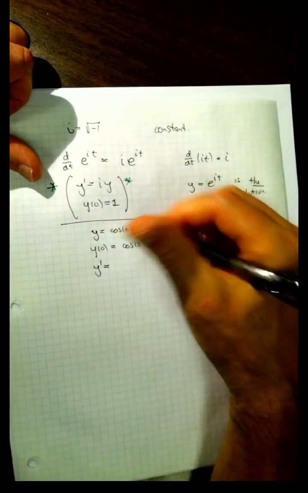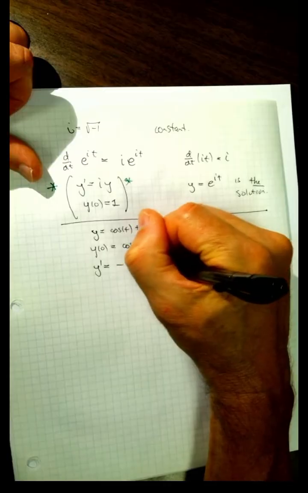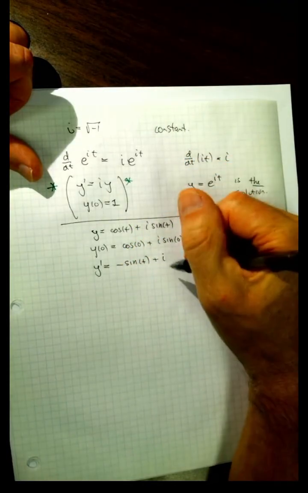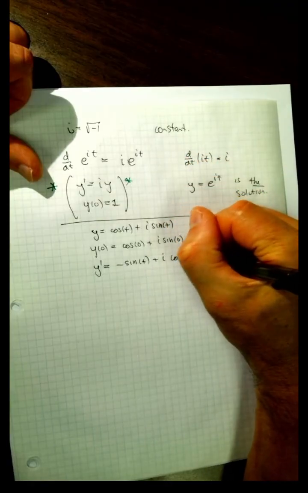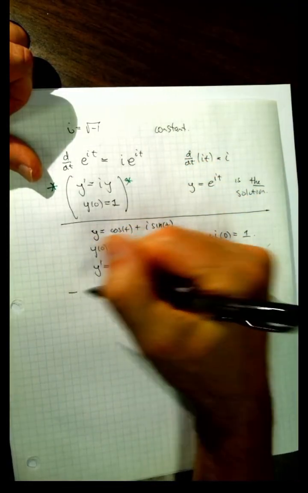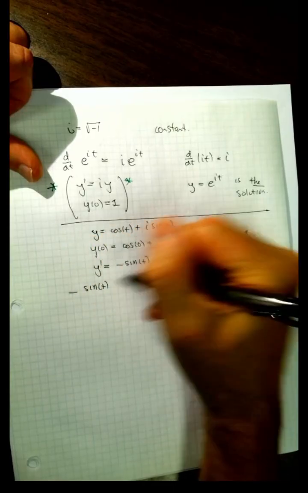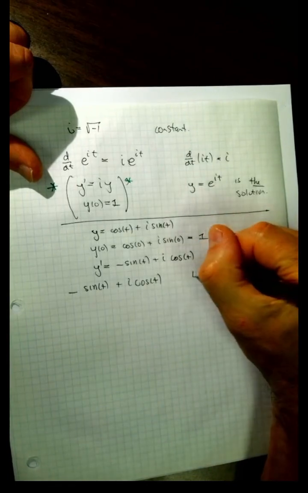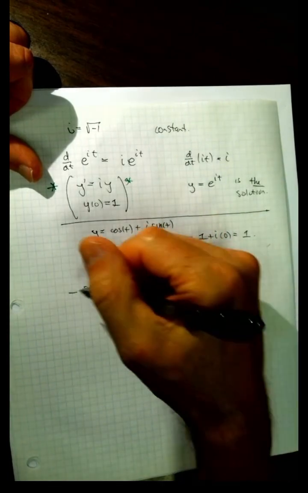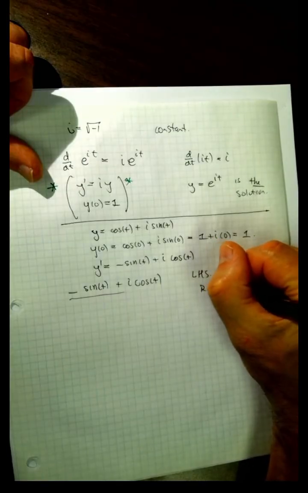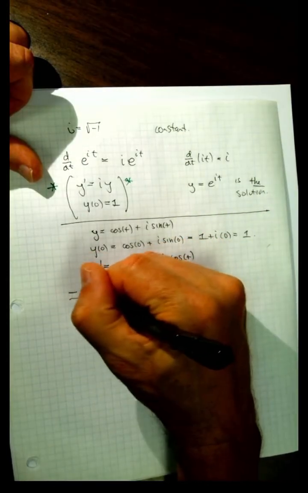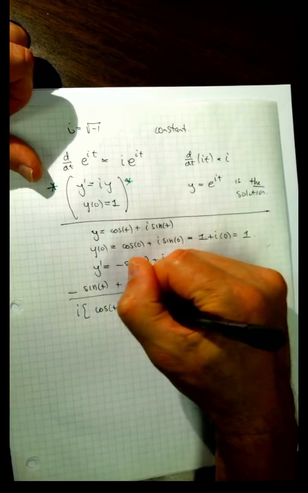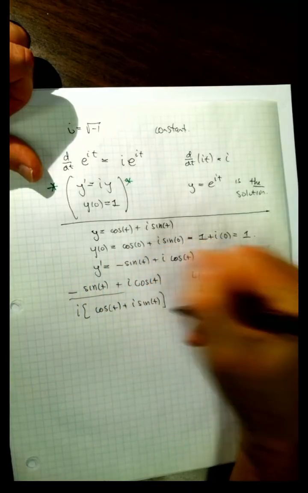Now if I take a derivative, the derivative of cosine is minus sine of t, and i is a constant, so I don't worry about that. Derivative of sine is cosine of t. So on the left-hand side, I have minus sine of t plus i cosine of t. On the right-hand side, I'm going to have i times y. I just said y is cosine t plus i sine of t.